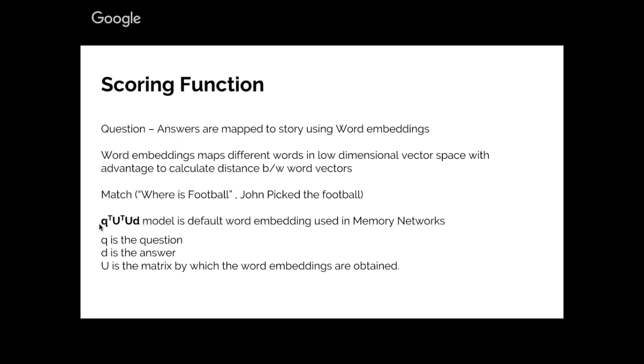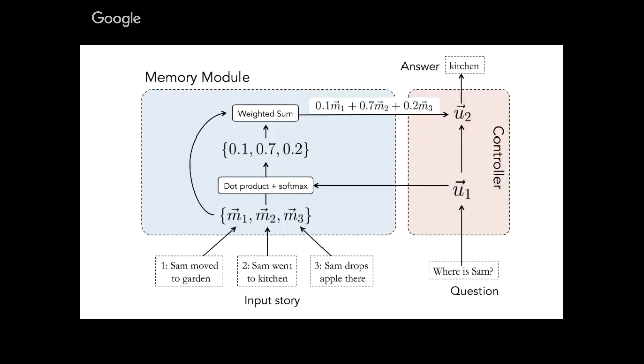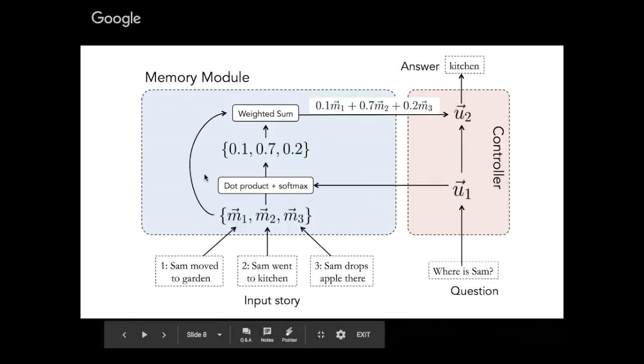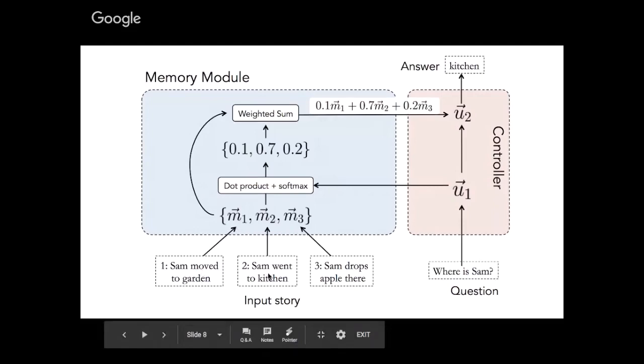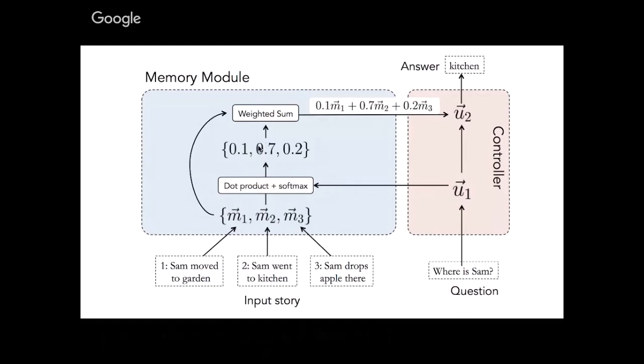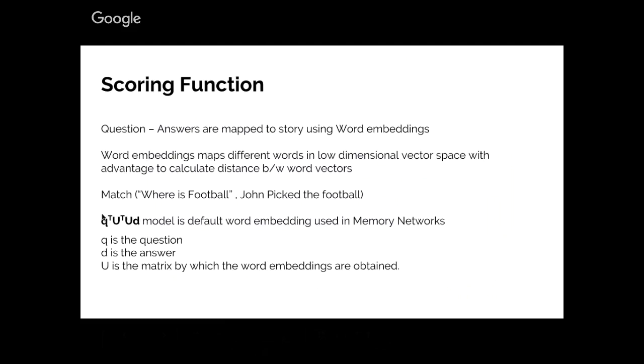Because this is going to be the key essential part of our scoring function. We take the question, we take the answer, and we have a matrix in which the word embeddings are obtained. It has the question, it has the hops, and we get something out of it. So this represents the scoring function.